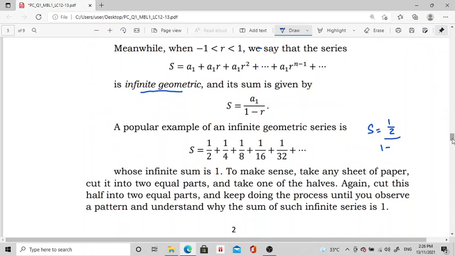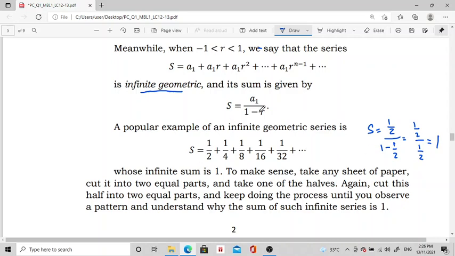So, this is 1 minus 1/2. So, we have 1/2 over 1/2. A number divided by itself is 1, except when the number is 0. So, the sum here is 1.